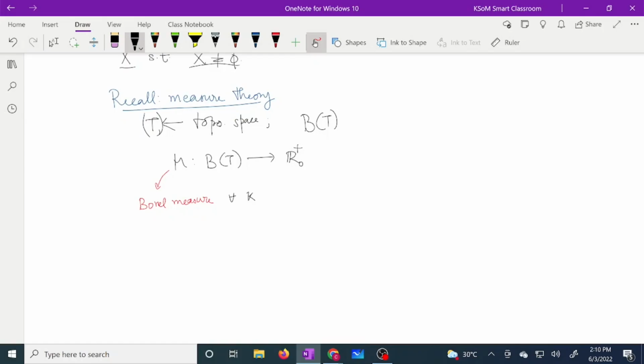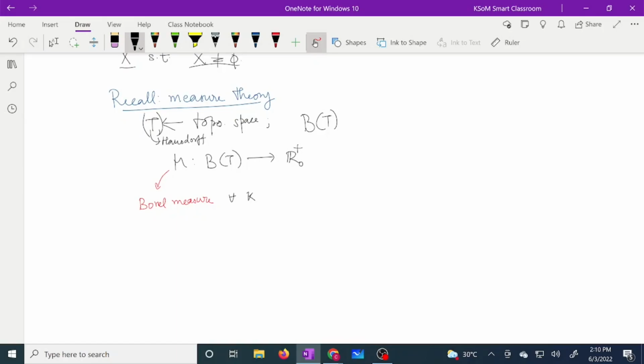So for every compact set K, and of course K is in the Borel sigma algebra because I have assumed T is Hausdorff. That is a standard assumption that I am making. T is Hausdorff, so every compact set is a Borel set because the complement is open. That is something which you can show.